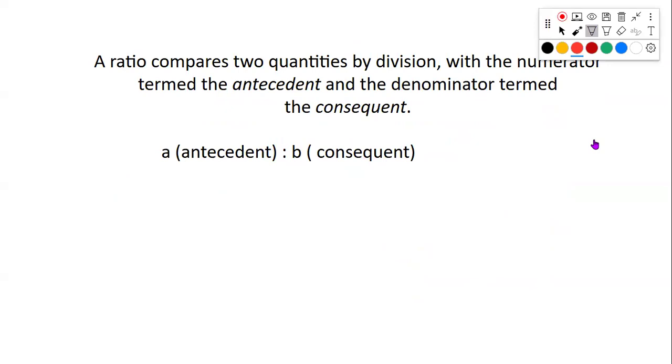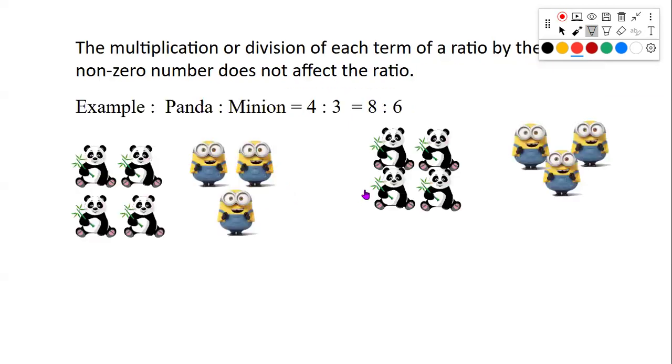A ratio compares two quantities by division, with the numerator termed the antecedent and the denominator termed the consequent. So in A is to B, A is called the antecedent, just vocabulary, and B is the consequent. You can also write this in the format A by B. So 4:3.